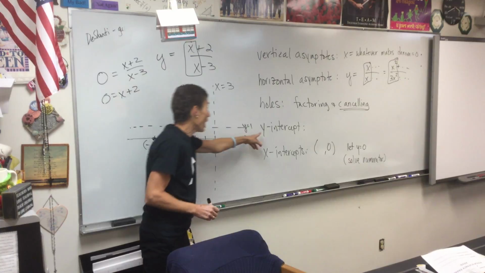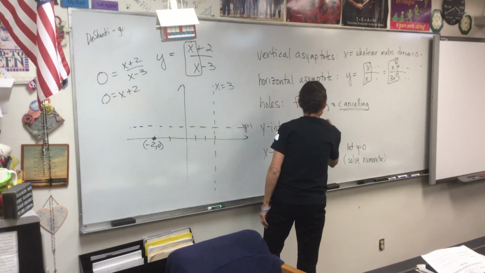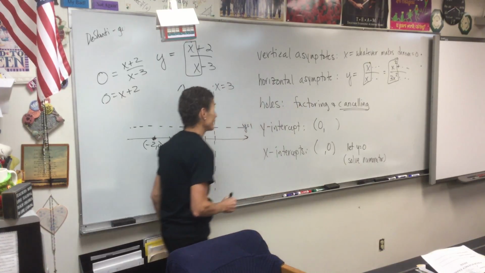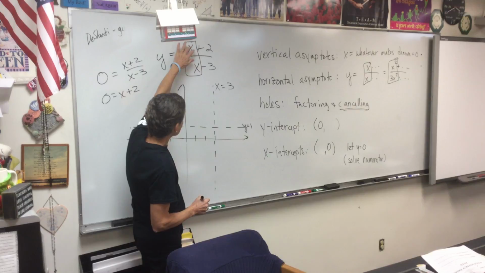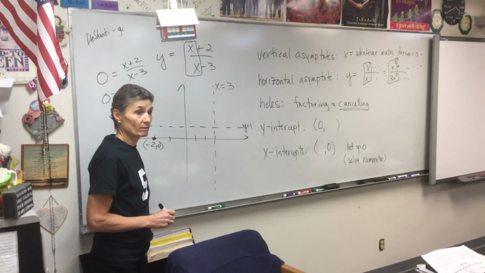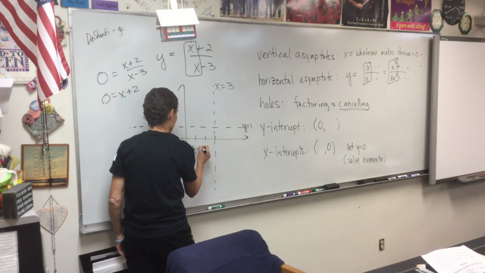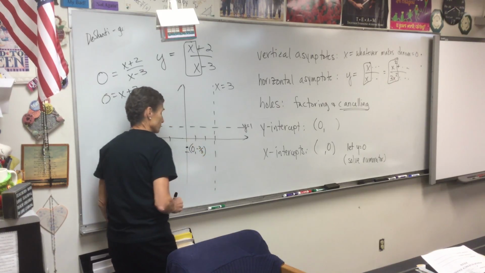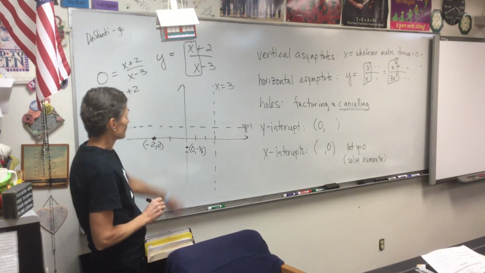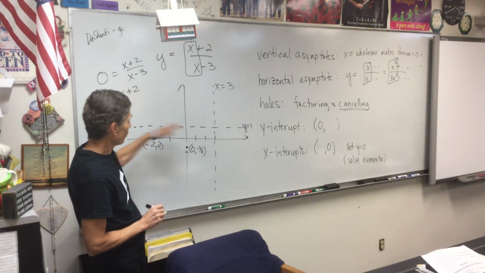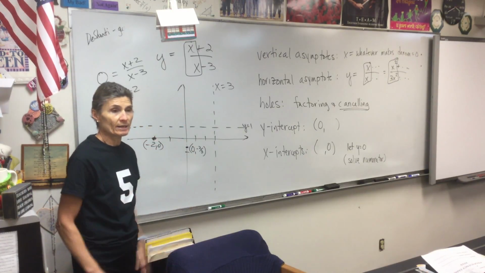Now, how do I get a y-intercept? Let x be 0. So a y-intercept, we're going to let x be 0, and that's real easy. If you put in zeros for x, what do you end up with? 2 over -3, -2/3. So you've got your vertical asymptote, your horizontal asymptote, your x-intercept, your y-intercept. Now you're ready to graph.